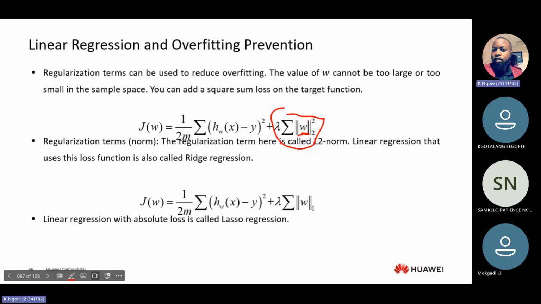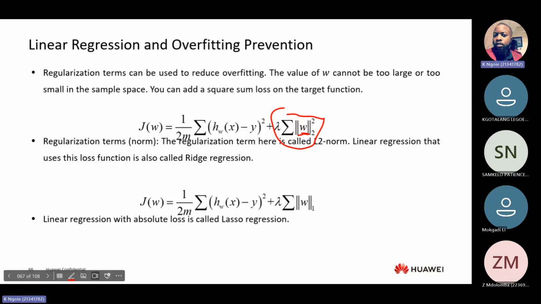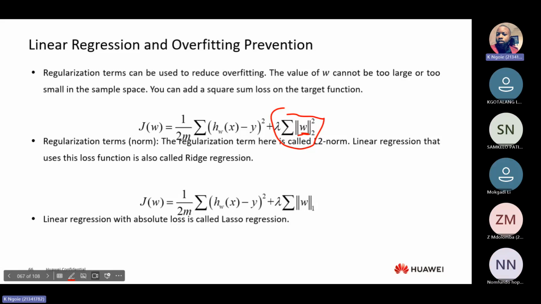Why is the weight a parameter, and not a hyperparameter? Can anybody tell us?